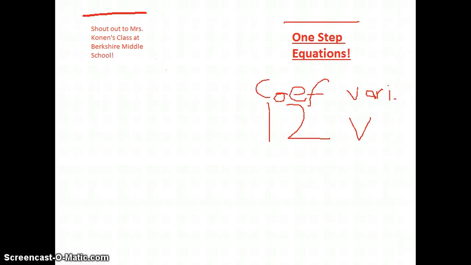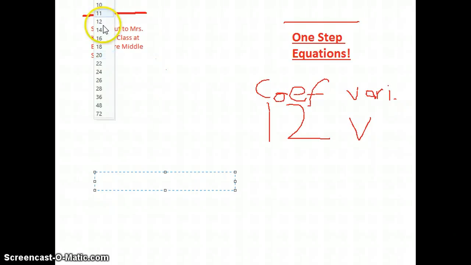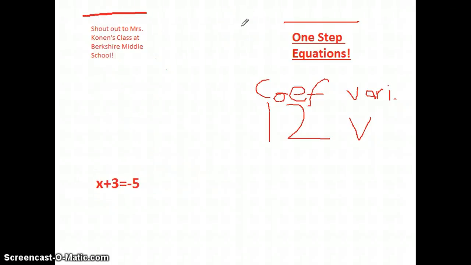So let's start off with a simple equation. Here's our first equation: x plus 3 equals negative 5. What you do first is use something called inverse operation. What that means is that you take the opposite of the number with the variable.